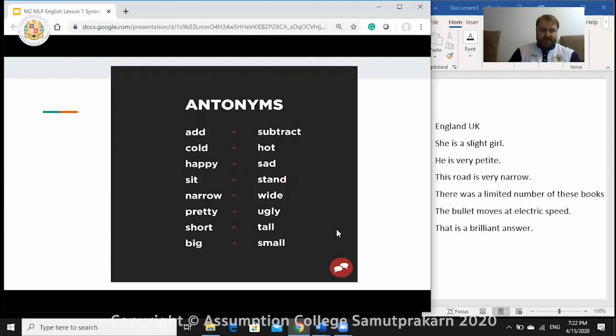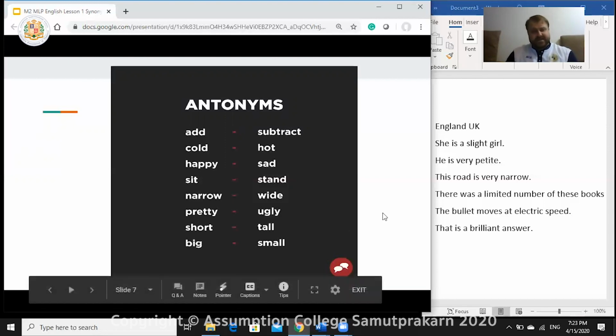Big and small are the opposite meaning, antonyms. Okay? So the words on the left side have the opposite meaning to the words on the right side, vice versa. So we call these antonyms. So we have synonyms, words with the same meaning, antonyms, words with the opposite meaning.